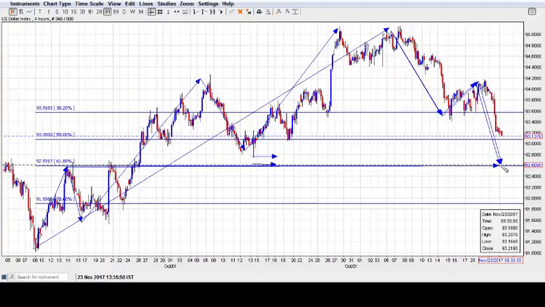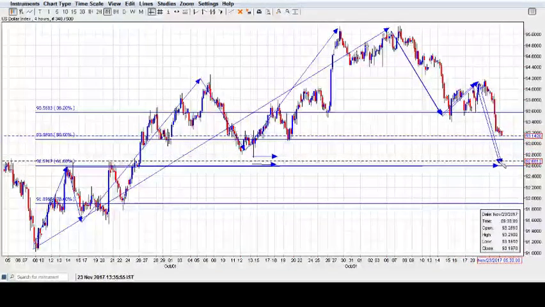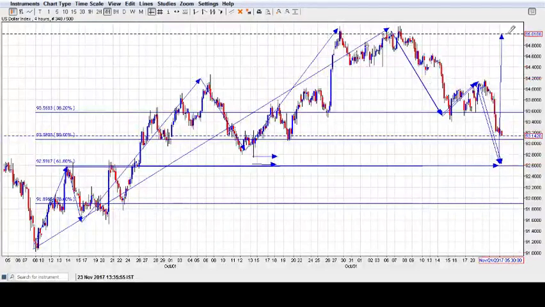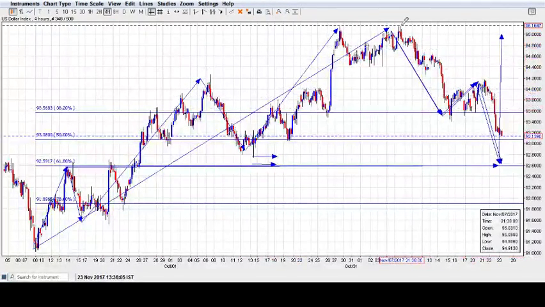Alright, and if this structure holds well, we should be looking towards another rally, a very strong rally materializing towards the north side. Could go towards the vicinity of 95 plus.